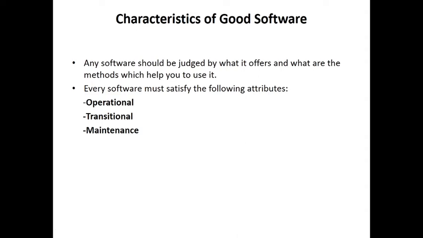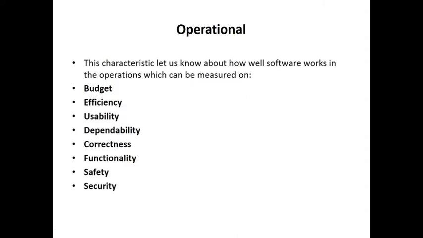So what are the operational characteristics of the software that helps us in operating that in a better way, easily, simply, right? So first operational characteristic is cost, that is a budget. You are supposed to develop the software in less cost as per the customer's budget only.